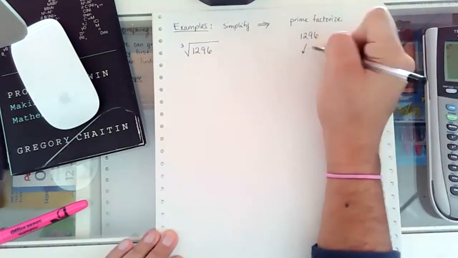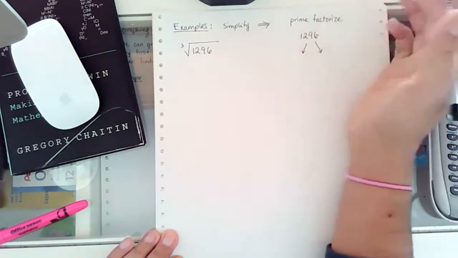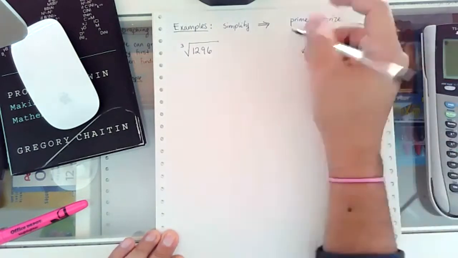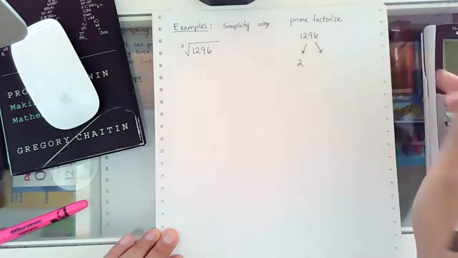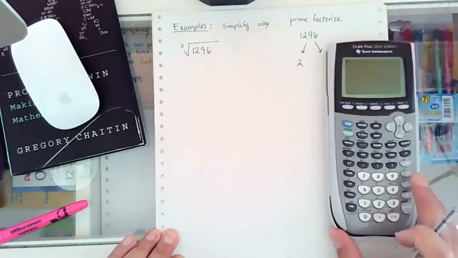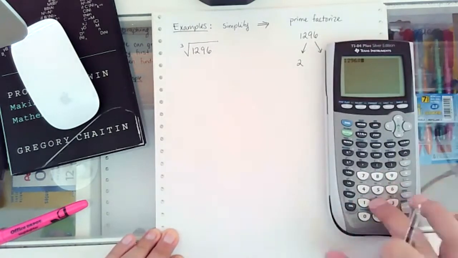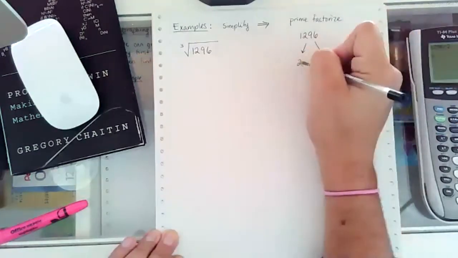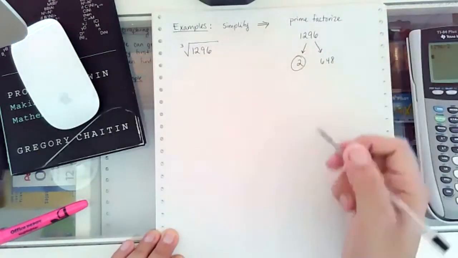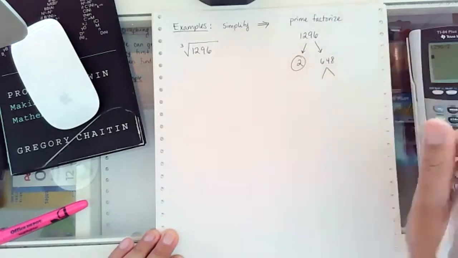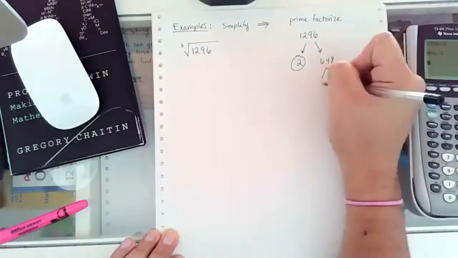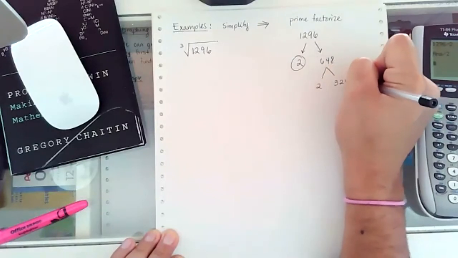So you might say that maybe 2 goes into this. So 2 times something gives you 1296. 1296 divided by 2 gives you 648, where this 2 is a prime number. And we're just going to keep breaking these down. 648 divides by 2, giving 324.